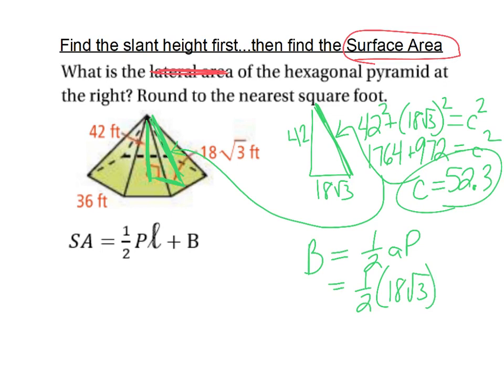The perimeter is just all the sides, which each side is 36, times 6. And you get 216 for your perimeter. Let's multiply that stuff together. I have the area of the base to be a grand total of 3,367.1.